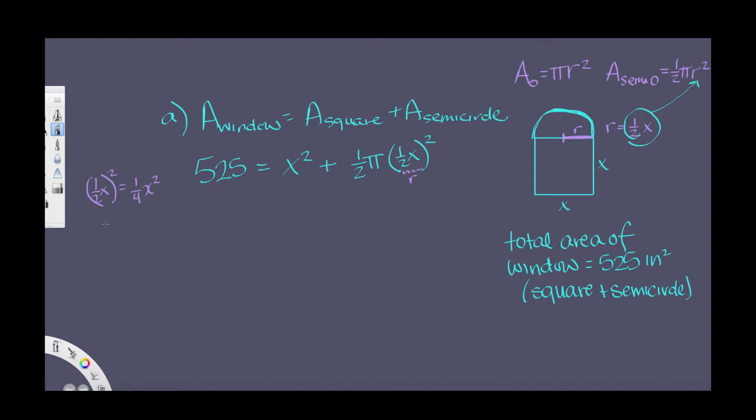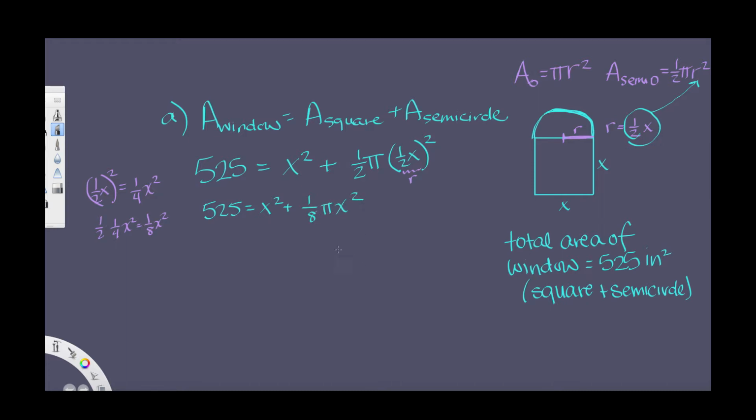It's going to come along for the ride. But half times 1/4 x squared is 1/8 x squared. So this entire thing is going to boil down to 1/8 pi x squared. So we have 525 equals x squared plus 1/8 pi x squared.